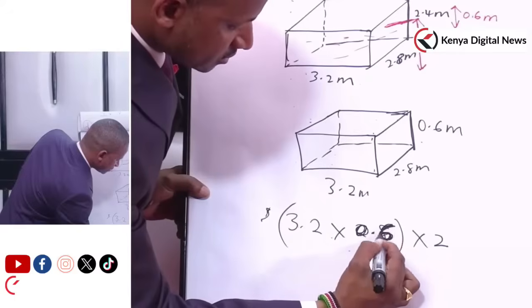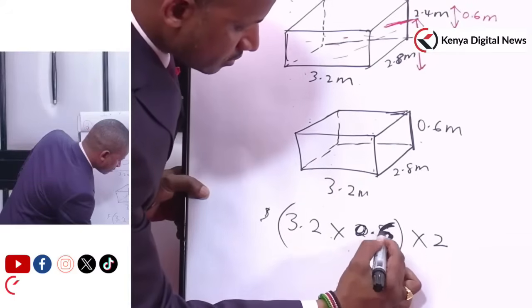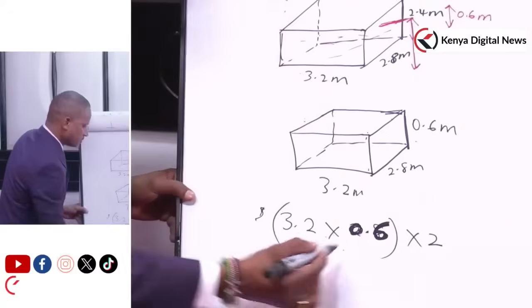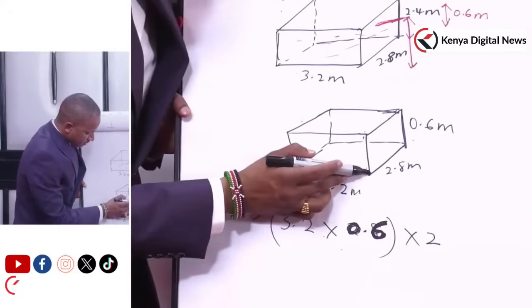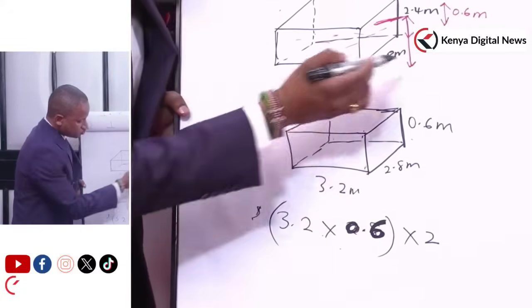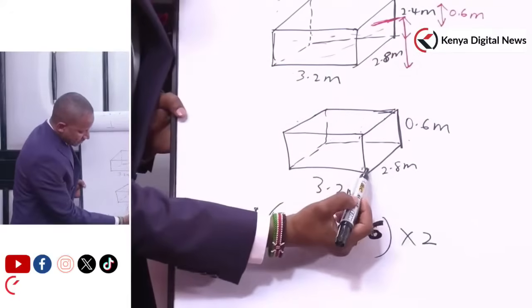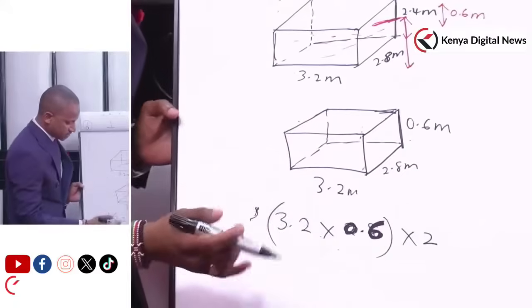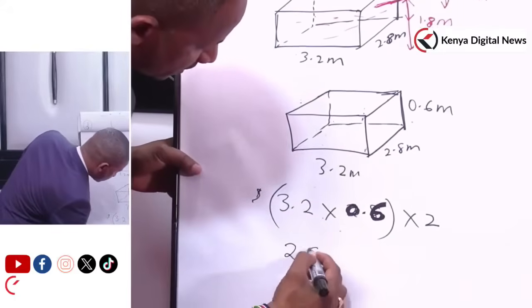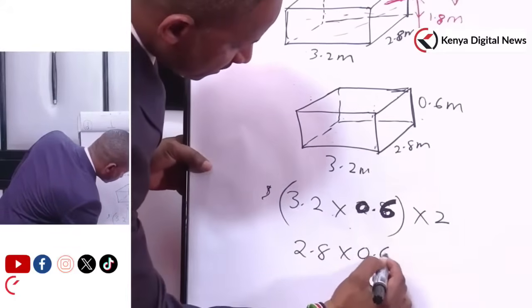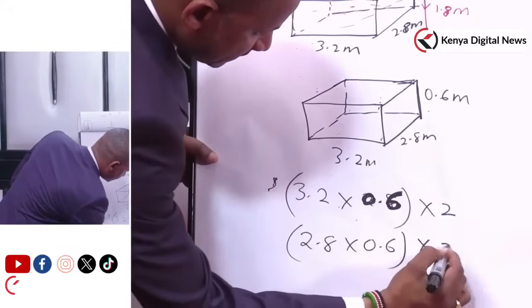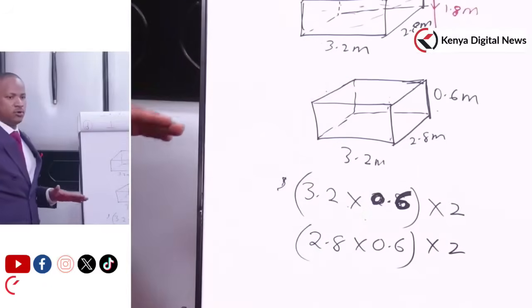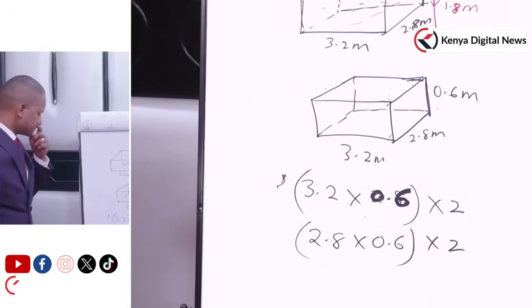Sorry, class. It is 3.2 by 0.6 times 2. Then 2.8 by 0.6 times 2, this other side. That's all you need.